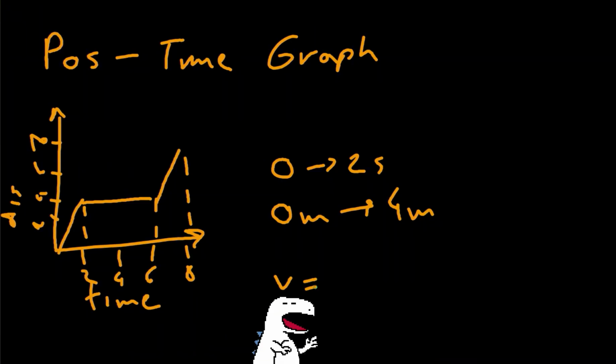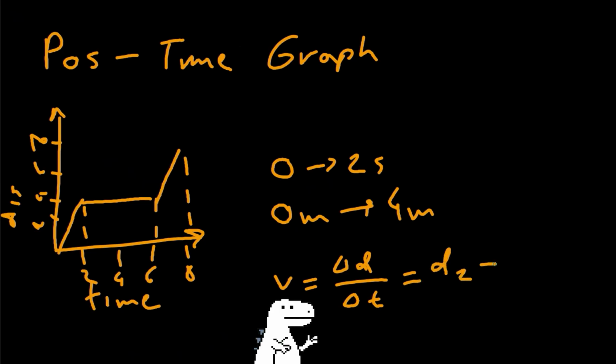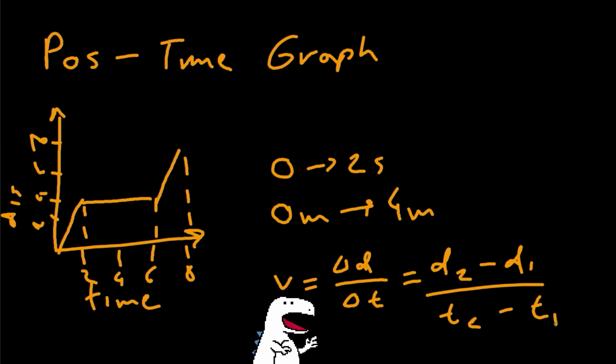And this will just be the difference in distance, so delta d over delta t, which is the difference in time, which will be equal to d2 minus d1 over t2 minus t1. Okay, so if we want to calculate our velocity in section 1, then we can just say v1.